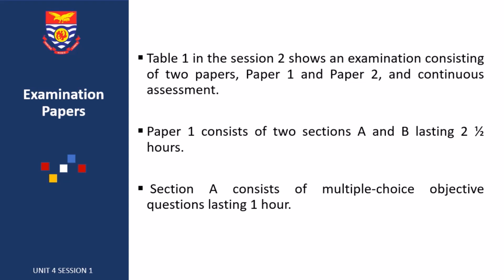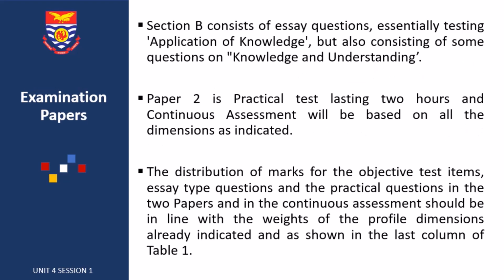Paper 1 consists of Section A and B lasting 2.5 hours. Section A consists of multiple choice objectives lasting 1 hour. Section B consists of essay questions, essentially testing application of knowledge, but also consisting of some questions on knowledge and understanding. And Paper 2 is a practical test lasting 2 hours.